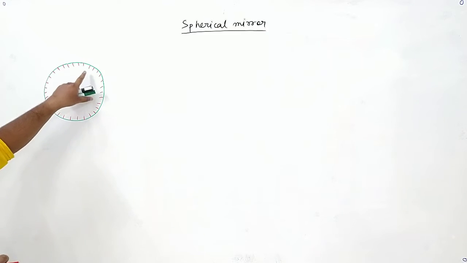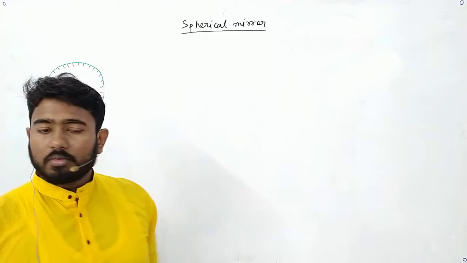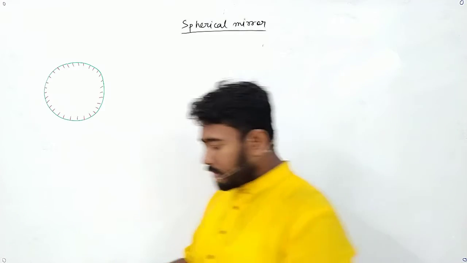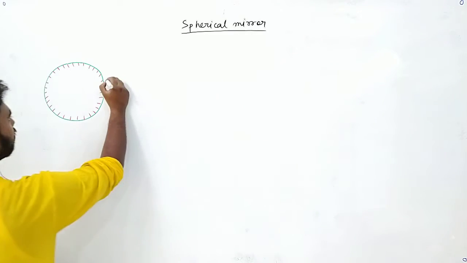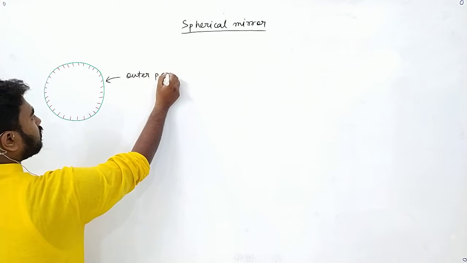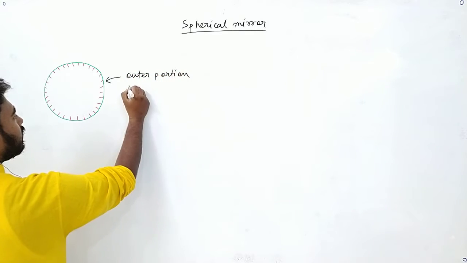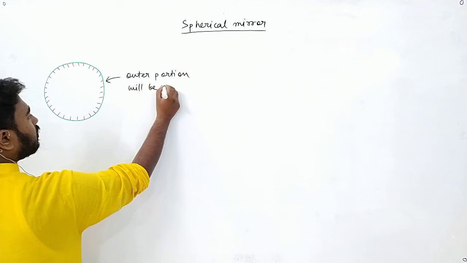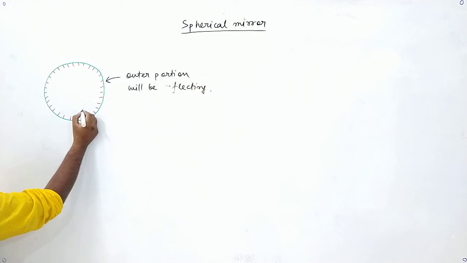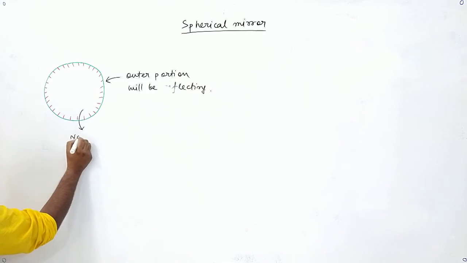If I shade the inner portion, which portion will be reflecting? The outer portion. That means if I shade the inner portion, the outer portion will be reflecting, right?